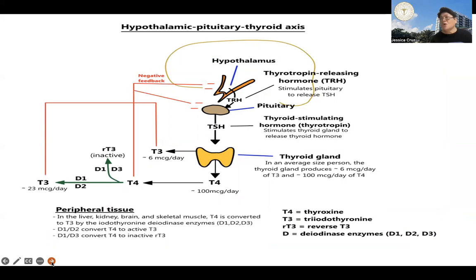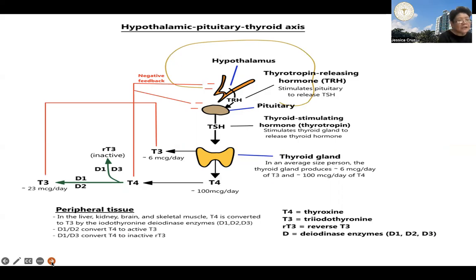These are D1, D2, and D3. D1 and D2 are deiodinases that convert T4 to active T3. And then D1 and D3 convert T4 to the inactive version of T3, which we call reverse T3. Reverse T3 is biologically inactive.